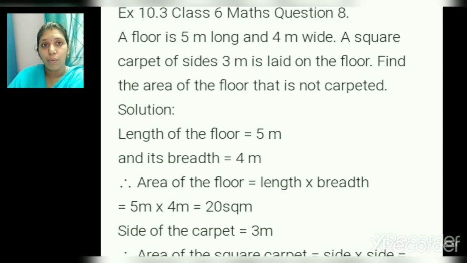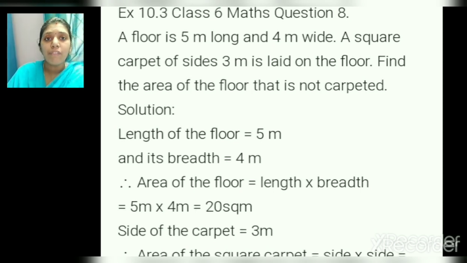On that floor a square carpet is laid, and the side of the square carpet is given, it is 3 meter. A square carpet of side 3 meter is laid on the floor.